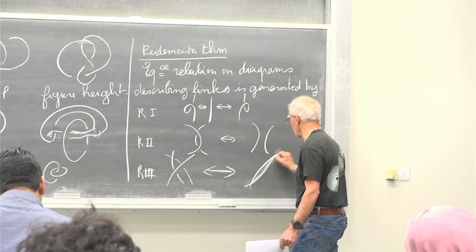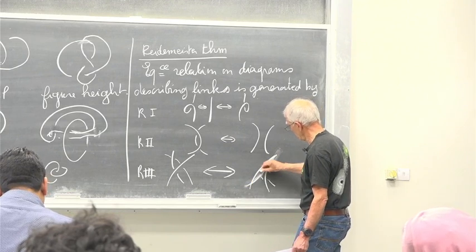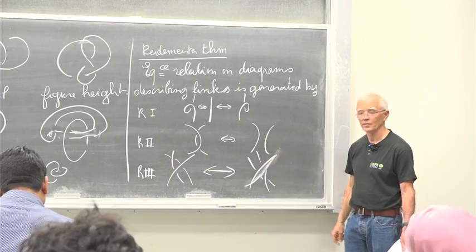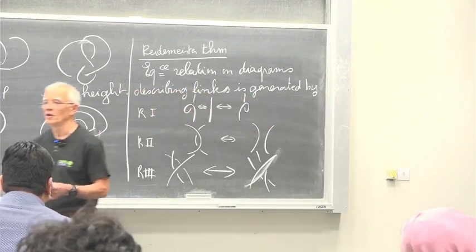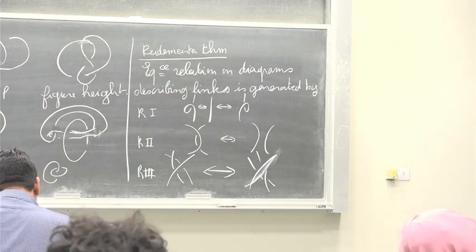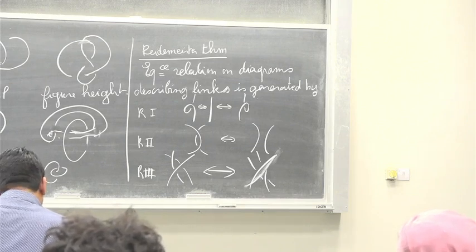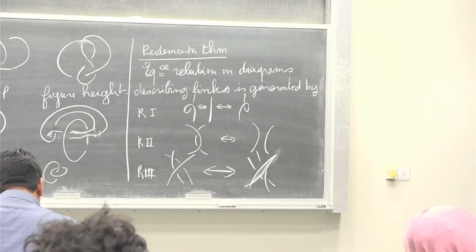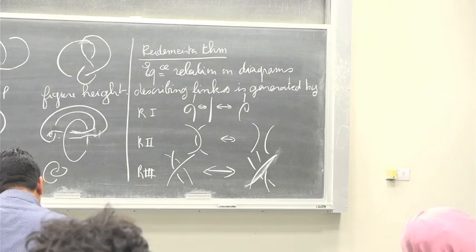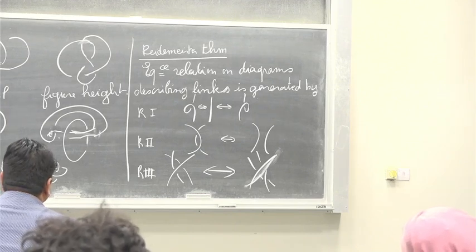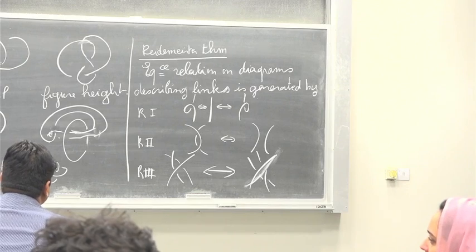So you just push one strand over a crossing. So this means that if you are clever, any function on diagrams which is compatible with this relation will give you a link invariant. So links up to isotopy are nothing but equivalence classes of diagrams. So this is very convenient.